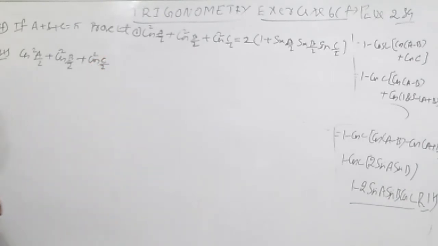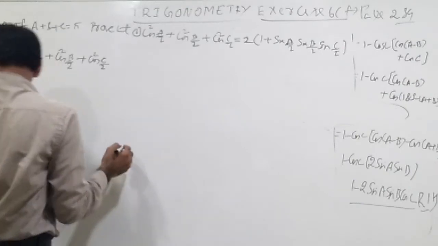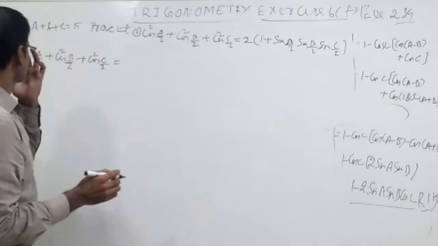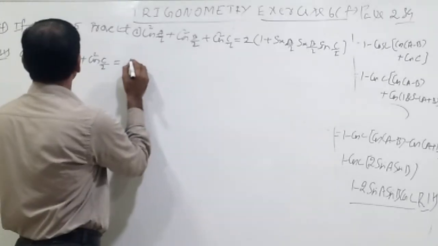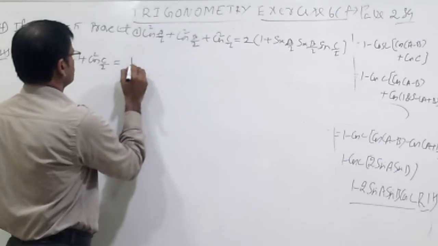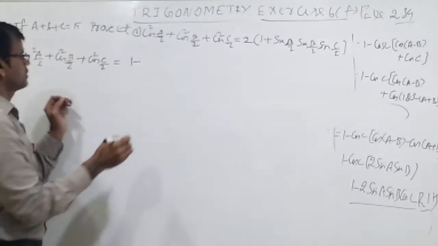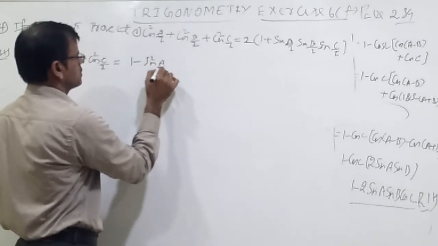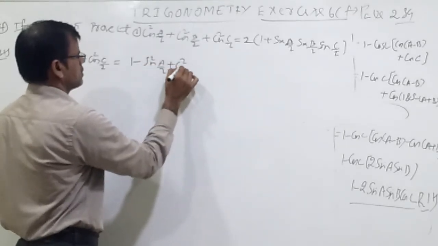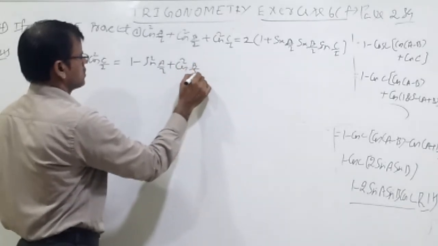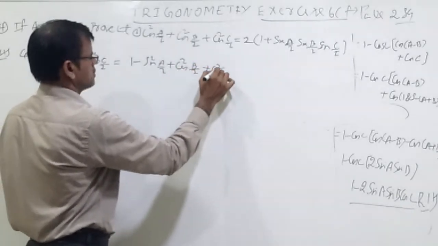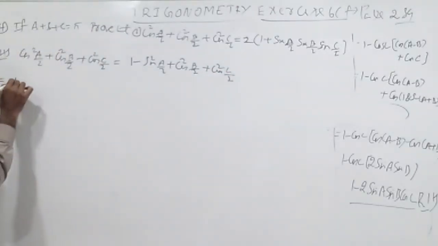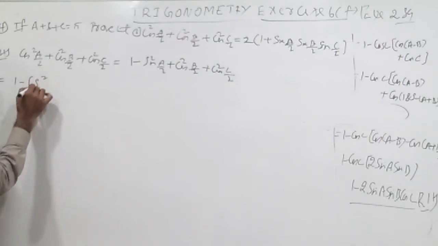Let us write here first cos square a by 2 as 1 minus sin square a by 2, because of the cos square theta formula, 1 minus sin square. So 1 minus sin square a by 2 plus cos square b by 2 plus cos square c by 2. This is the LHS.